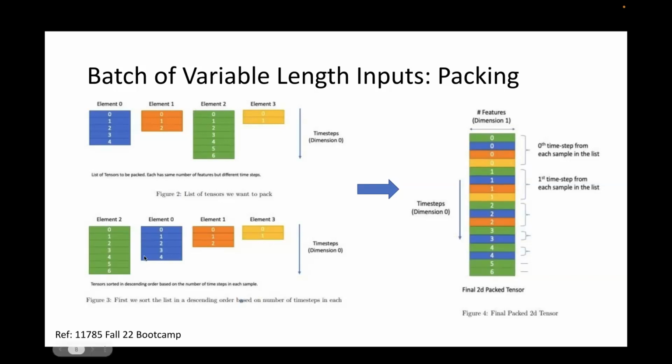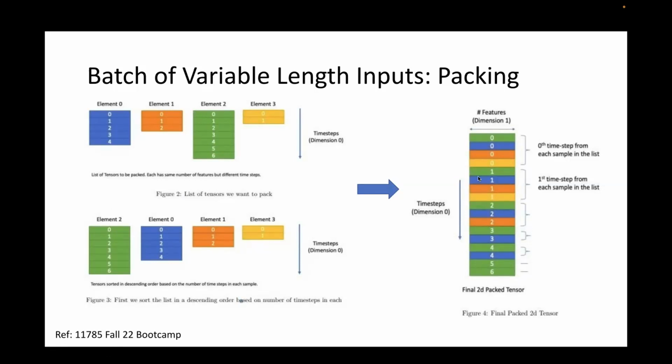So what we first do here is we sort these in descending order. Since element 2 has the maximum time length, it comes first, followed by element 0, element 1, and element 3. During packing, we take the 0th timestamp of each and every element and concatenate them, and then similarly we take the first one and then the second one, and we stack them as you see on the right.